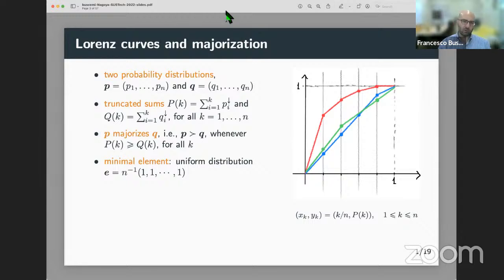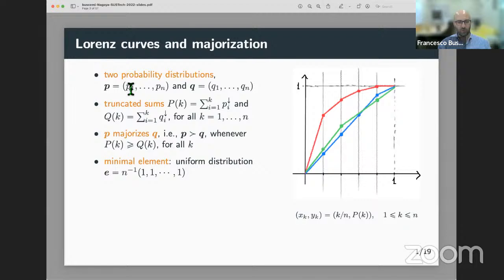So we are given two probability distributions, P and Q. In principle, they need not have the same number of elements. You can always pad with zeros the shortest one, so we can assume without loss of generality that they are the same length.